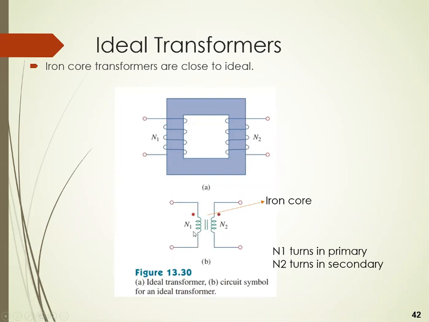We call N1 the number of turns in the primary, and N2 the number of turns in the secondary. If you remember, the number of turns affects the inductance. From the original definition of inductance, inductance is directly related to the number of turns in the coil. The more turns you have, the higher the inductance.